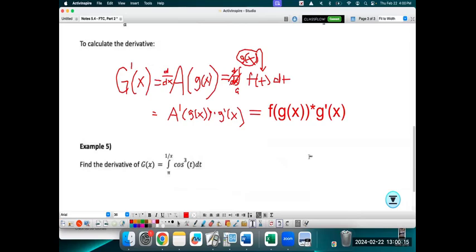So for our very last example, we have something other than a plain x in that upper bound, and we have that constant in the lower bound, so we don't need to bother with it. I want you to figure out what g prime of x is.